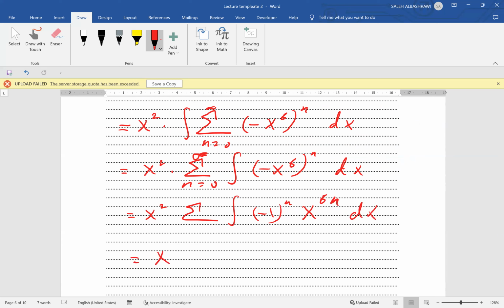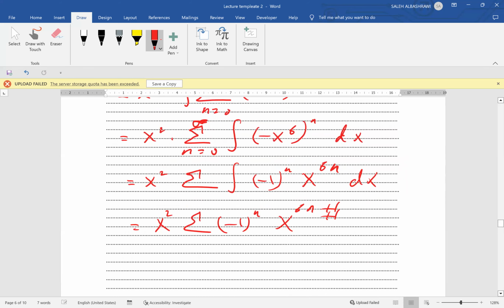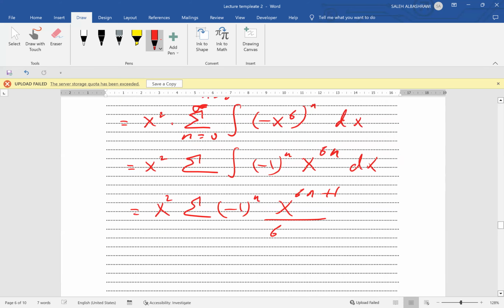This is equal to x squared sigma minus 1 to the power n multiplied by x to the power 6n, that will give me x to the power 6n plus 1 divided by 6n plus 1, plus the constant c. We multiply this, take x squared inside, add the powers.